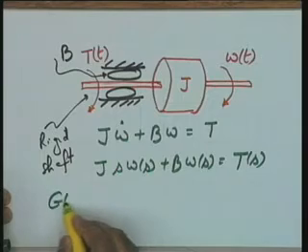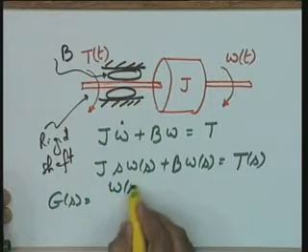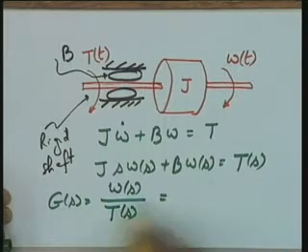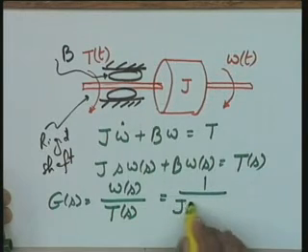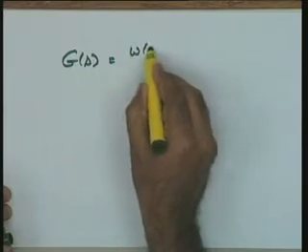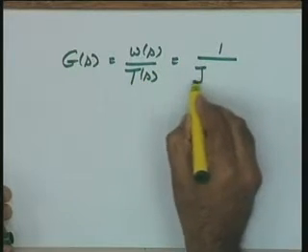The transfer function model of this system becomes G(s) equal to the output omega(s) divided by the input T(s), equal to 1 over J s plus B, which obviously is a first order model. Let me repeat this expression, G(s) equal to omega(s) over T(s) equal to 1 over J s plus B.